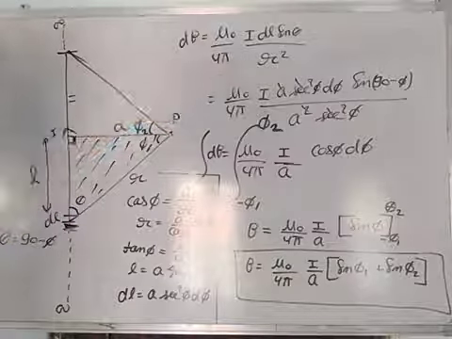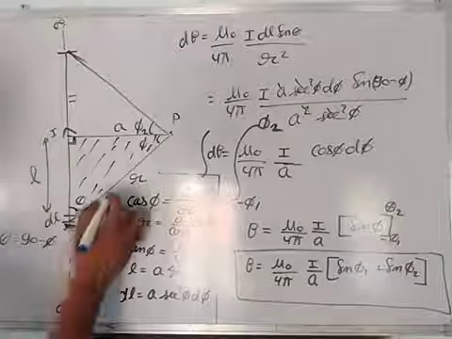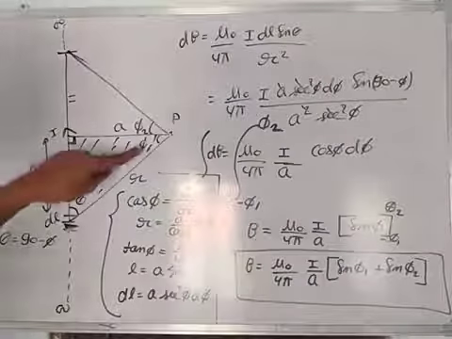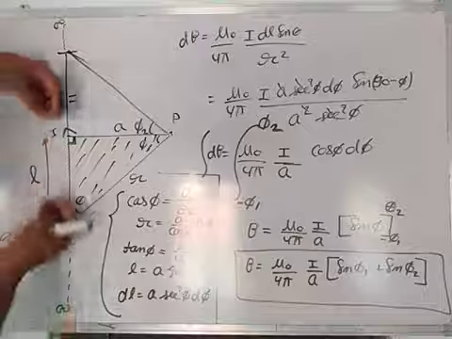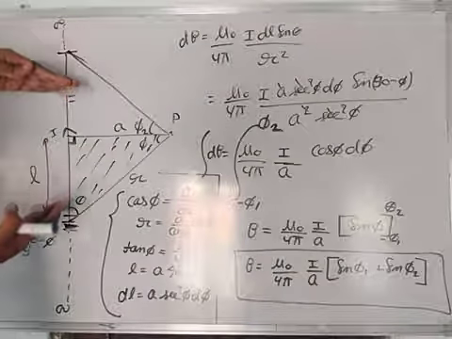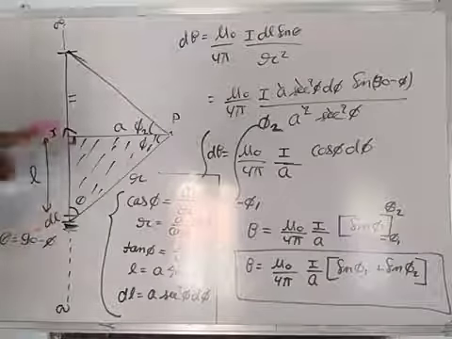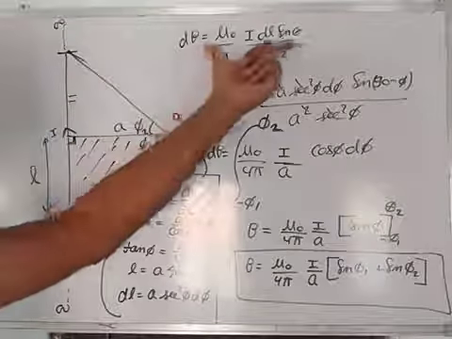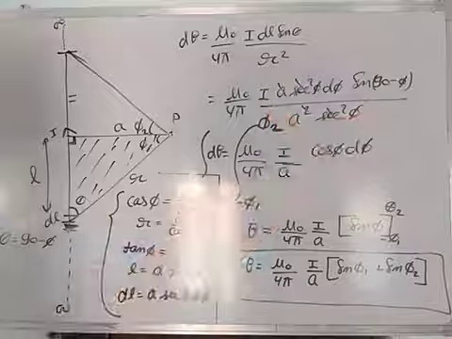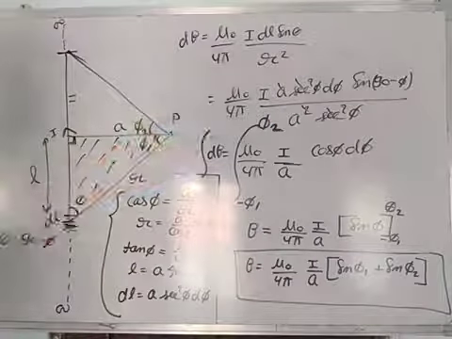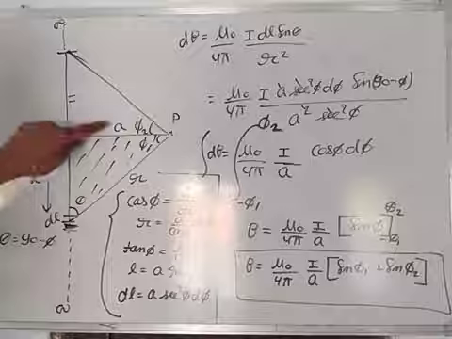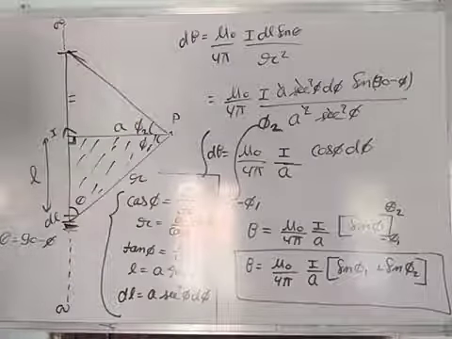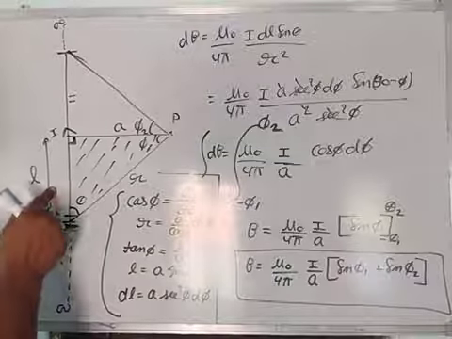Then there are some substitutions, because φ is variable. As you extend or decrease the length, the value of φ changes. Hence, we converted this expression in the form of φ, and we converted r and l in the form of a, because a is the given quantity.